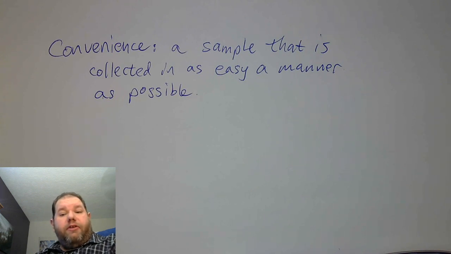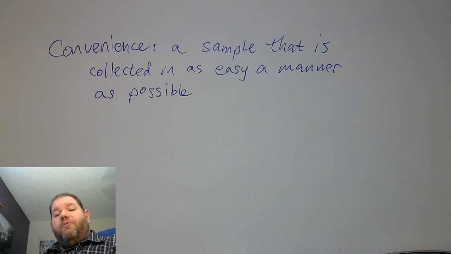So if we look at the other ones, cluster sampling and stratified sampling are actually pretty good at eliminating bias, because by their very nature, the individuals are already separated into subgroups relevant to the topic at hand.